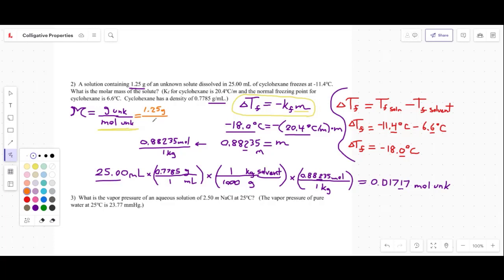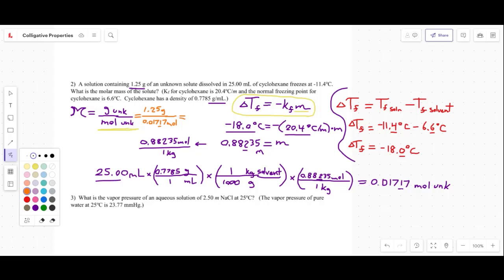Absolutely. So the 1.25 grams is going to get divided by the 0.01717. But once again, this is technically only 3 sig figs, and the 1.25 grams is also 3 sig figs. That's going to give us our grams per mole. And what does that give you?